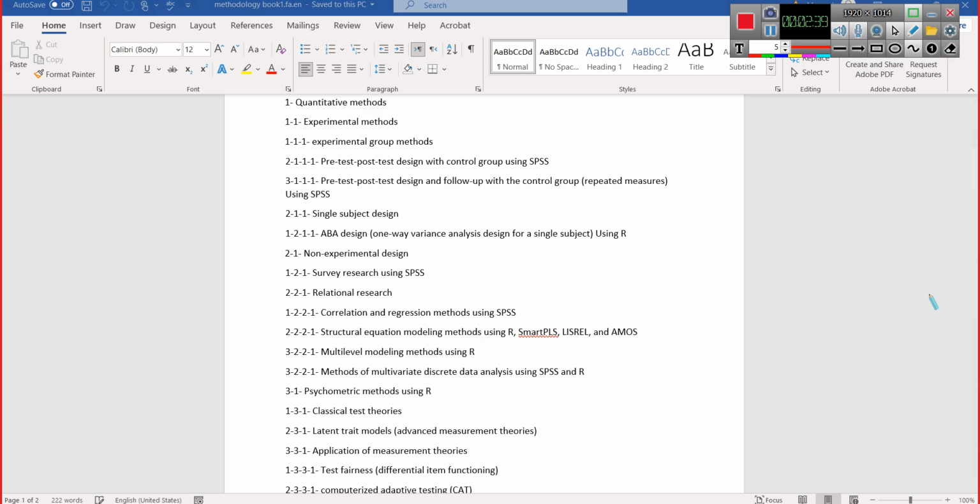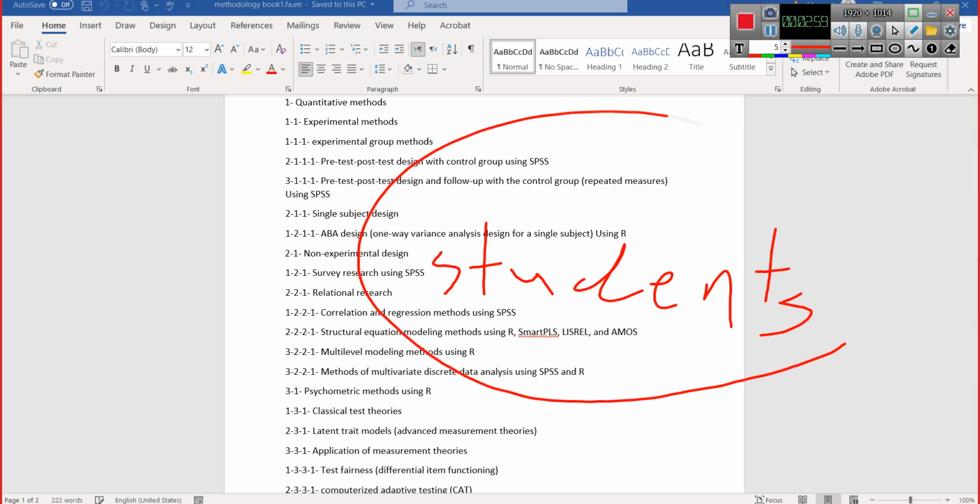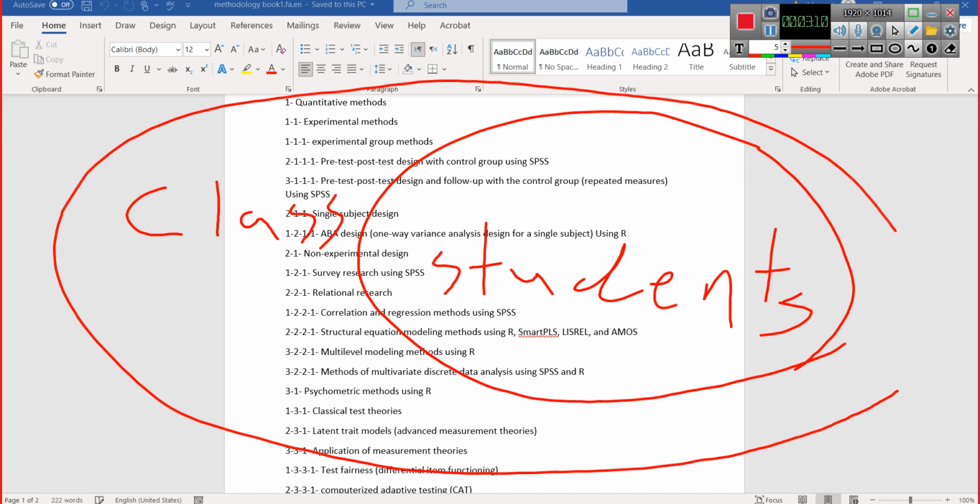For example, as I said, in an educational context, you have students that gather in a classroom, and classrooms nested in school.